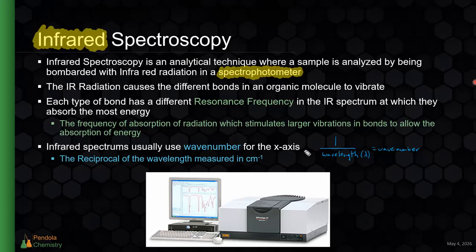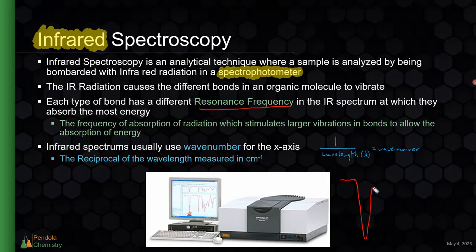So essentially, when we look at wave numbers, and if we look right here, whatever the wave number of a specific bond is, when it's hit, we're going to see a dip in the energy that we're putting into this. So essentially, we bombard our sample with a particular wavelength, and it holds steady for the most part. And when we hit the resonance frequency of a particular bond in that compound, that is going to absorb the energy.